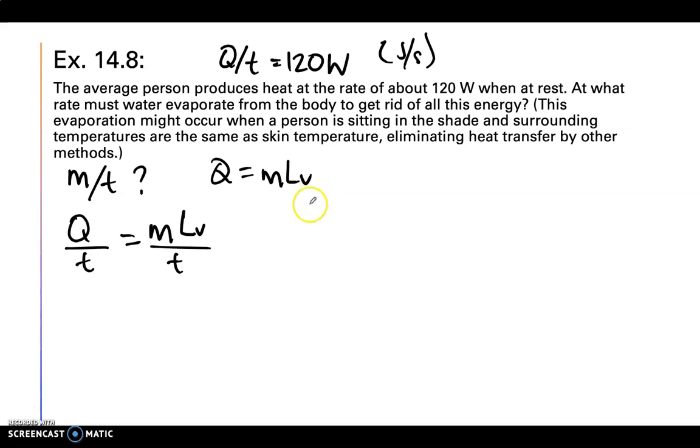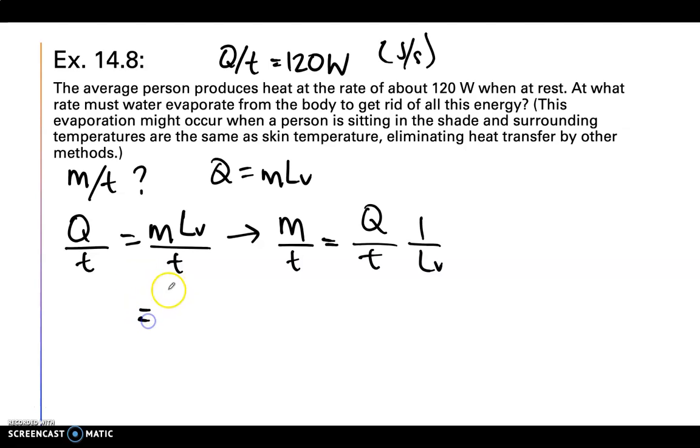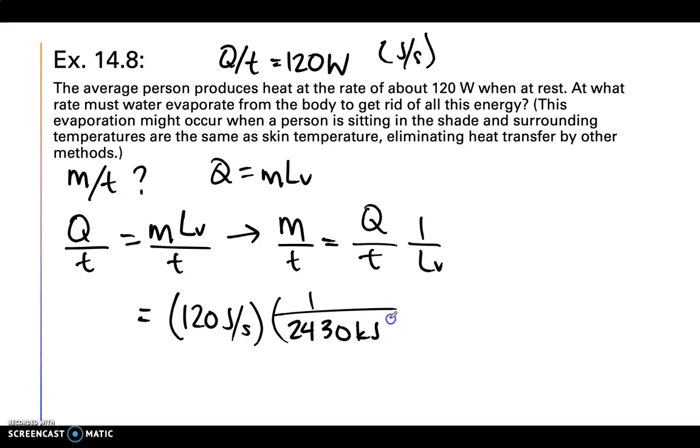Okay, and so we can rearrange this to being M per T, and that'll equal Q over T times 1 over L_V. And so we can simply plug that in. So 120 joules per second is going to be times 1 over L_V, and that's what we were just looking at. That was 2,430 kilojoules per kilogram.